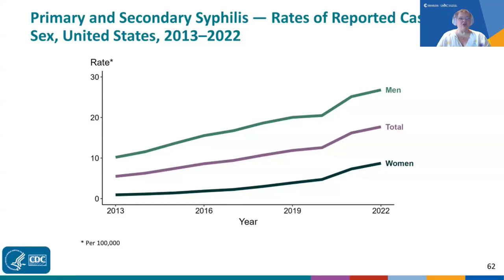And as it increases, you're also going to get women of reproductive age that are having primary and secondary syphilis. Hence, when they get pregnant, the fetus has the risk of getting congenital syphilis. So until we get this under control, we're really not going to make a dent in congenital syphilis. We've got to decrease the primary and secondary in women.